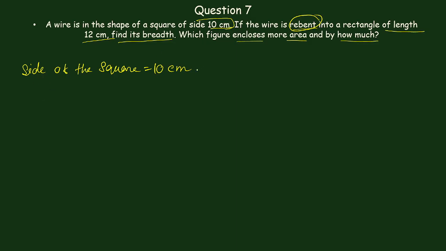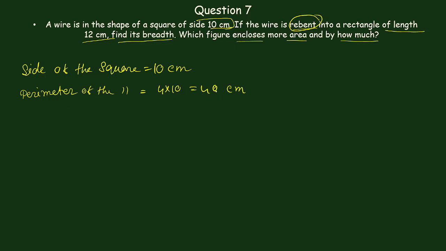So side of the square is 10 centimeter. So perimeter of the square will be 40 centimeter. 4 into 10, right? How 40? Because 4 into side is the perimeter. So 4 into 10, that is 40 centimeter.